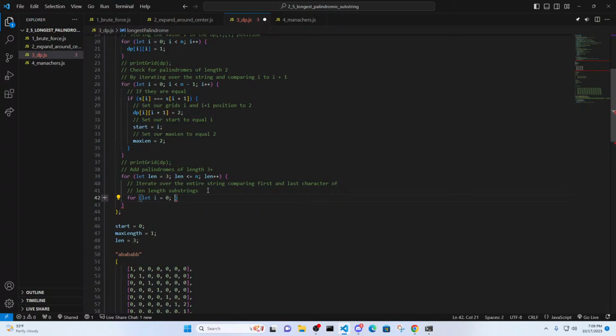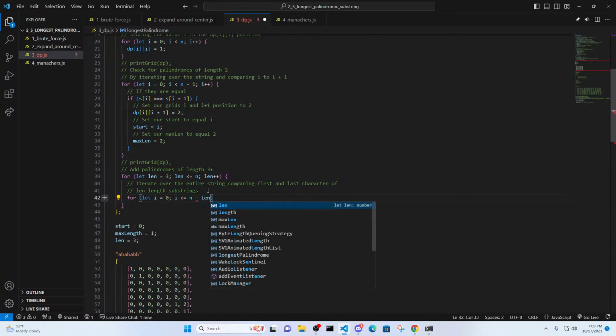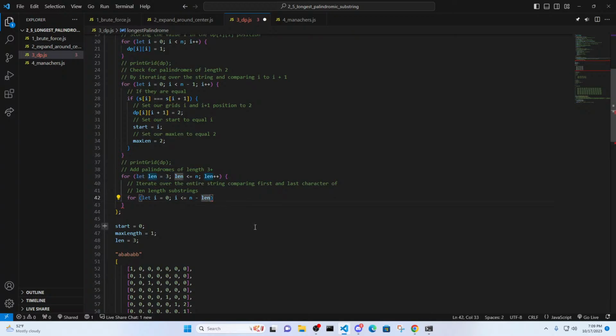We're always going to start at the first character, while i is less than or equal to n minus length, because we're going to cut length off the n, because we know we only have to go a certain distance. And then i plus plus. Now the first thing we do when we enter in here is we want to find the mirror of i, right? And that's j. So we'll just do let j equals i plus length minus 1.